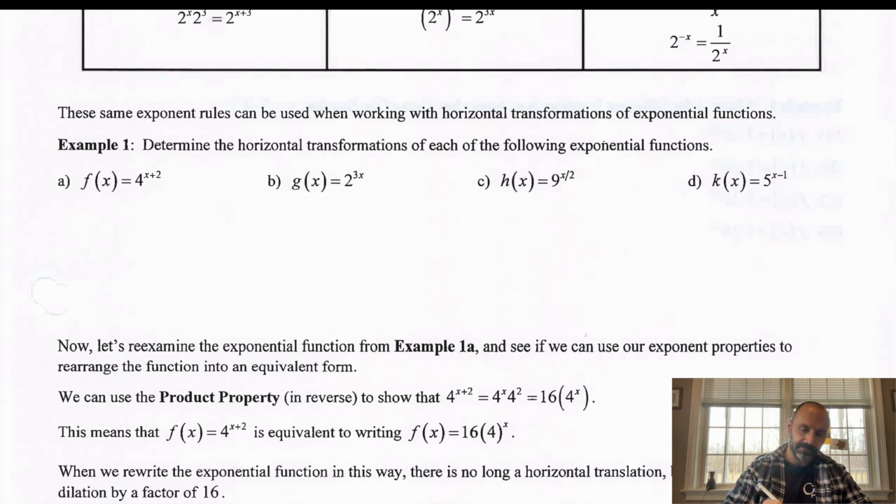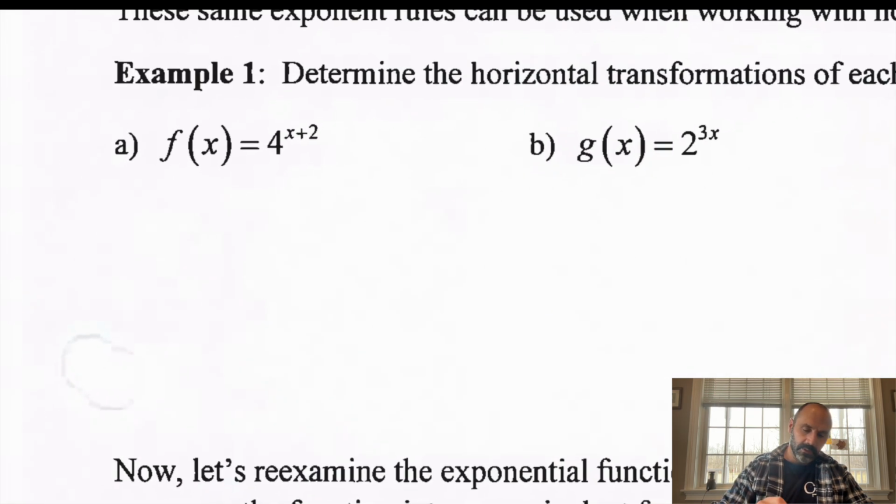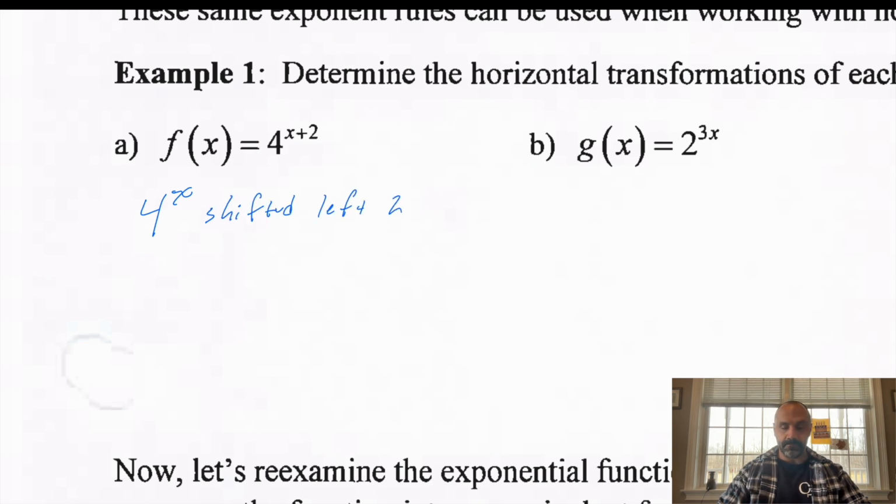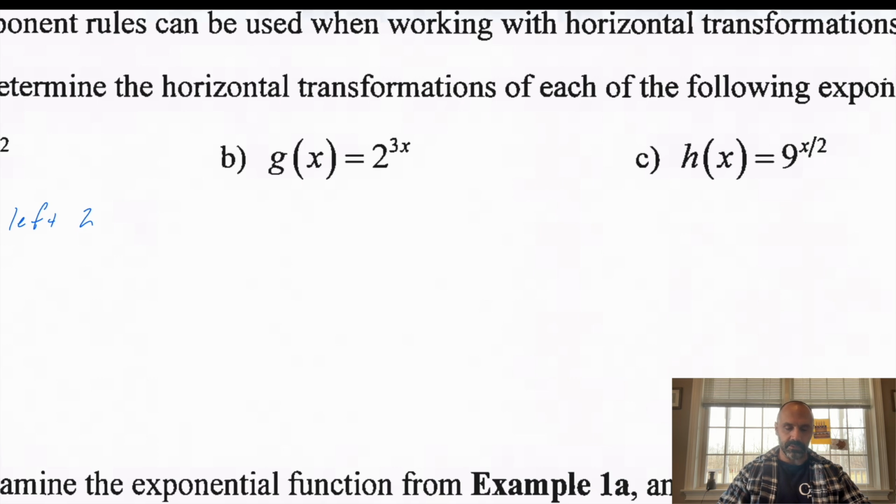So for example, 4 to the x plus 2, well, that would be 4 to the x shifted twice to the left, right? Shifted left 2, okay?